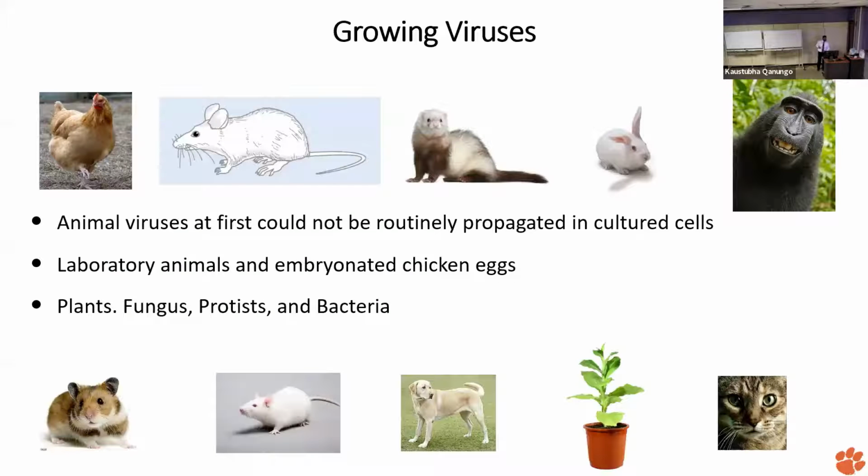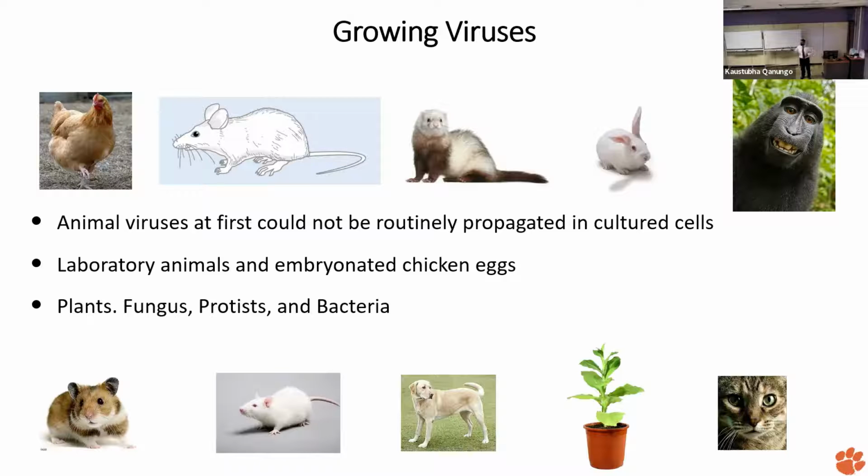All right, growing viruses. Routinely, we grow viruses propagated in cultured cells. Only from the 1950s onwards could we do cell culture. Before that, viruses were only propagated through animal models.